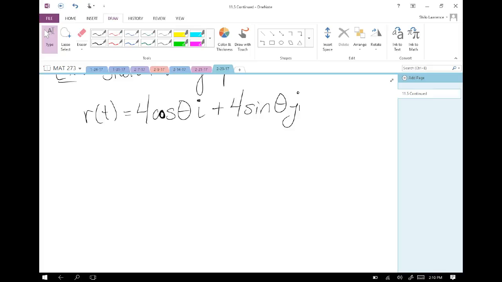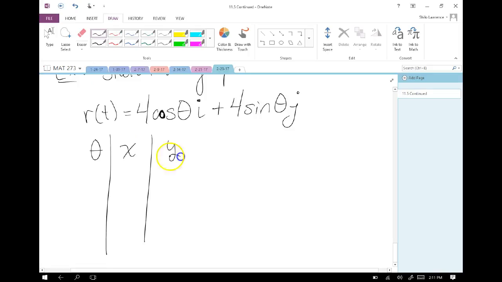We don't want to have to try to plot crazy decimals. Okay? We want to plot some nice whole numbers.